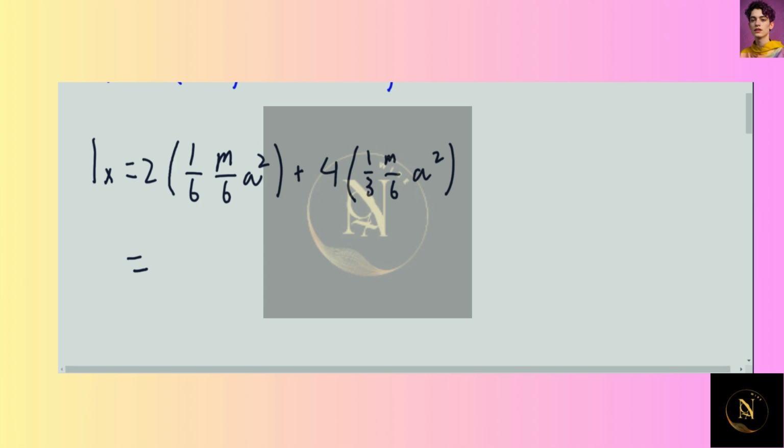And this can simplify down to 5 over 18 times m times a squared.